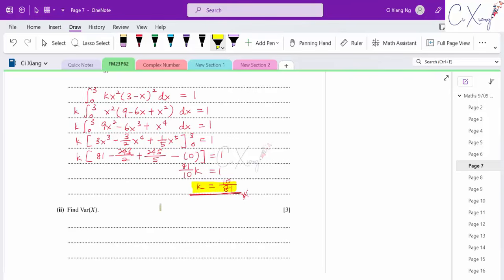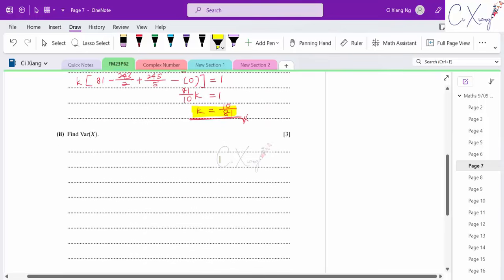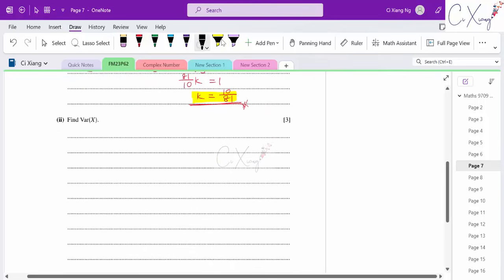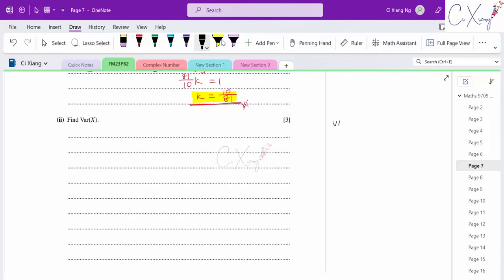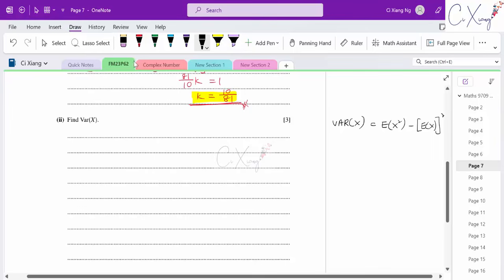Alright, then next part number 2, they want us to find the variance of x. Okay, so again, same like the discrete random variable. To find out the variance of x, generally the formula will be the expected value of x squared minus the mean squared. So first of all, I want to find out the expected value for x squared.